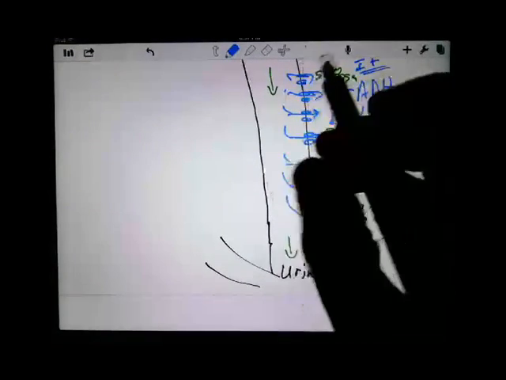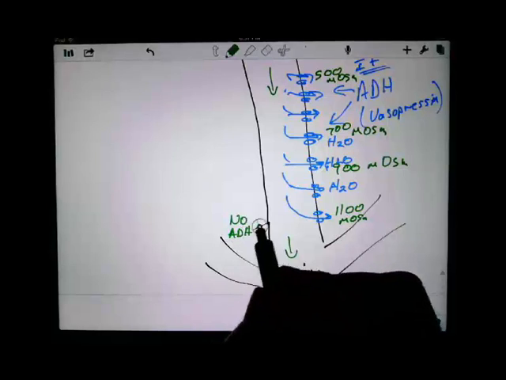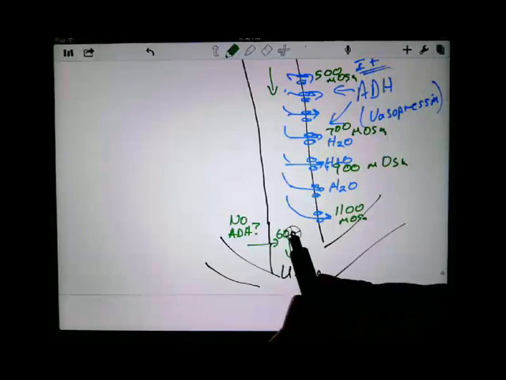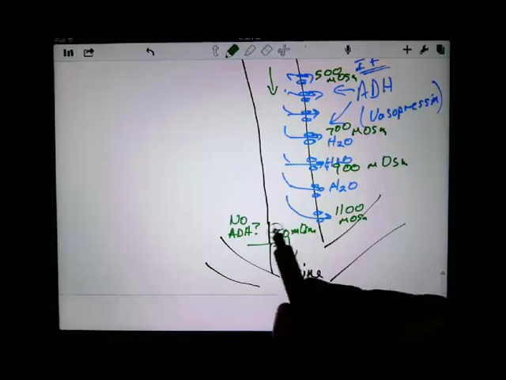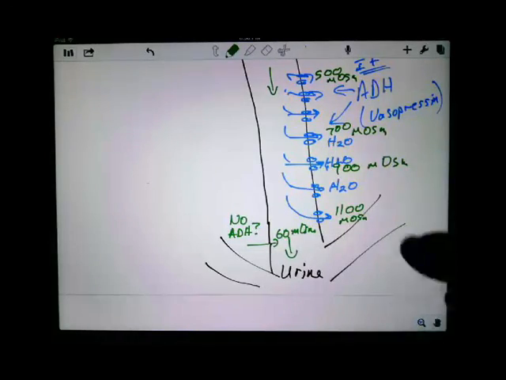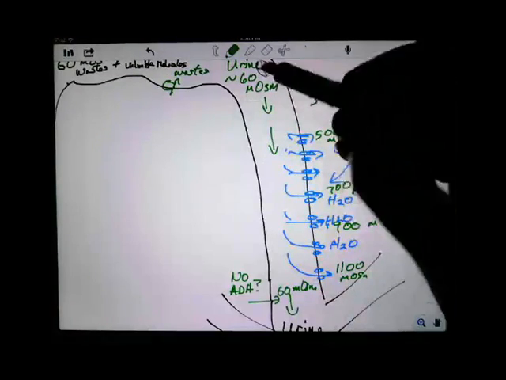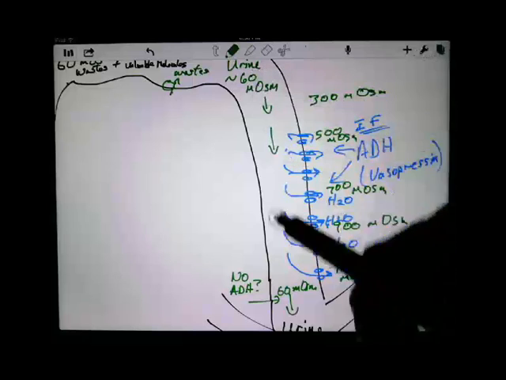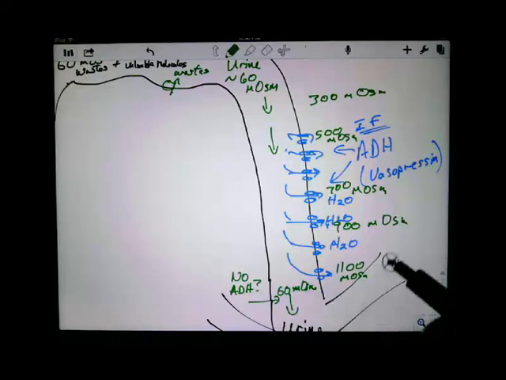So if there's no ADH, then we get rid of dilute urine, but it still has all of the wastes in it. Remember, the entire number of wastes, every single one of them that was here is still in it, but you're also getting rid of water.